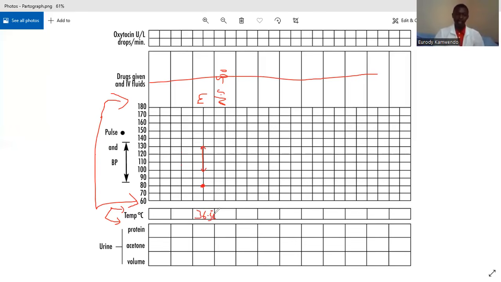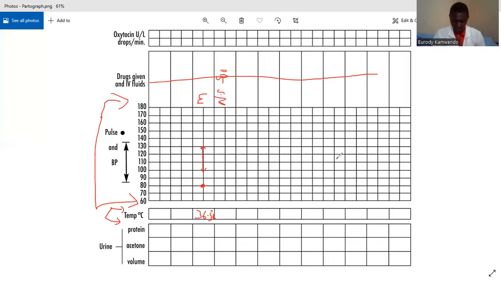So you record it in that particular box. But you'll find that on certain Partographs, you also record the temperature here, meaning you use different pens, because for temperature you use dots, and you join the dots to give you a particular curve as you continue checking the temperature.